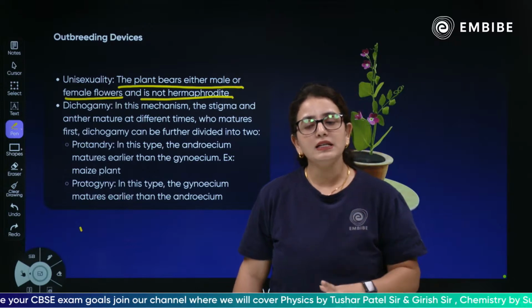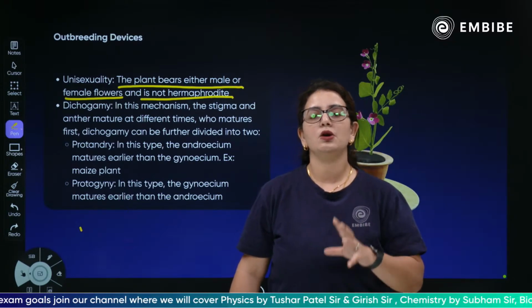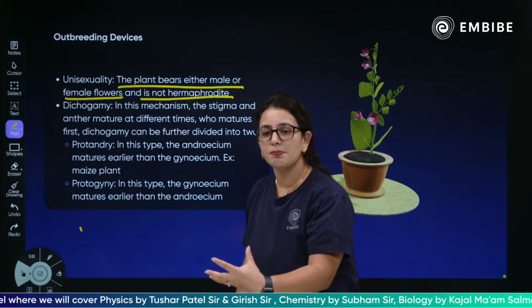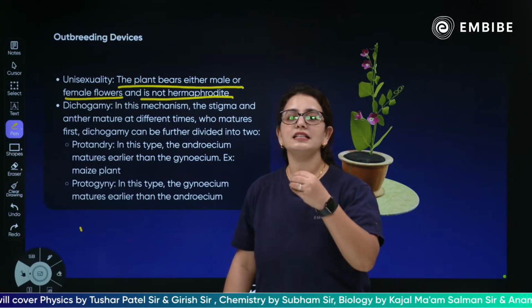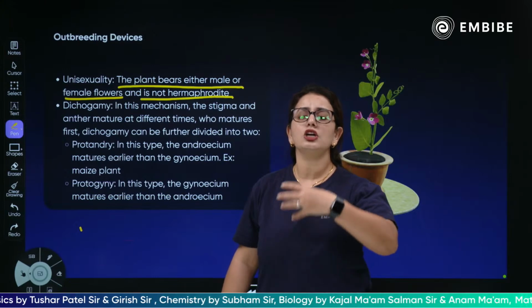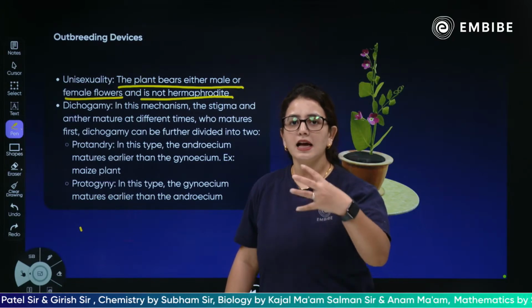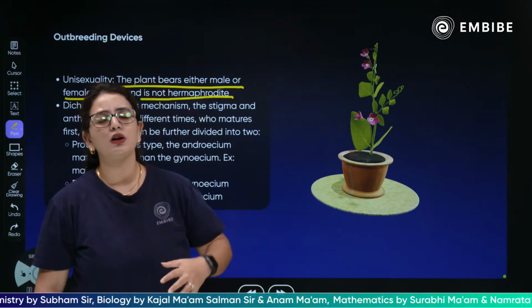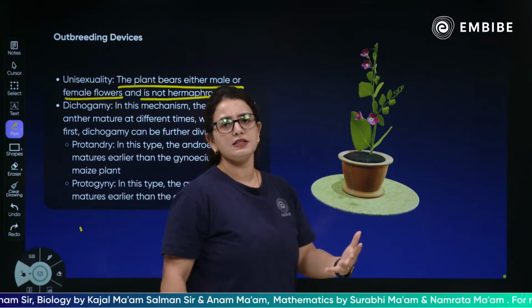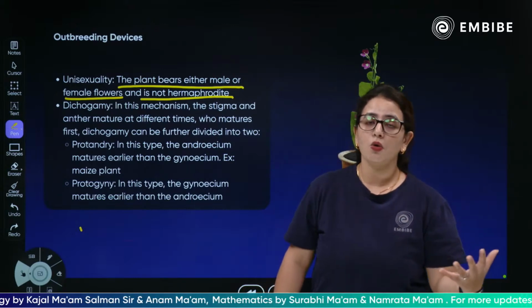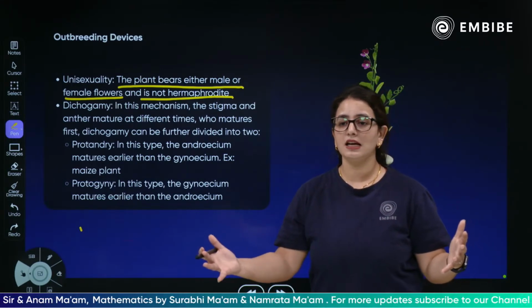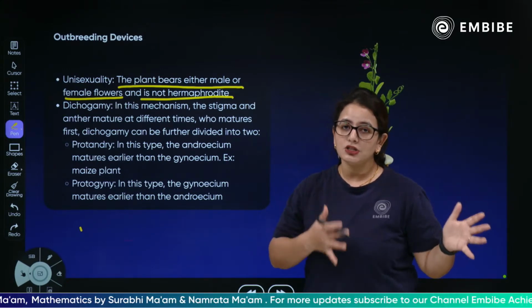Why avoid self-pollination, children? Because self-pollination leads to the expression of the recessive traits, which are not useful for the plant. Unwanted characteristics might come in whole when the genetic expression happens because of self-pollination.